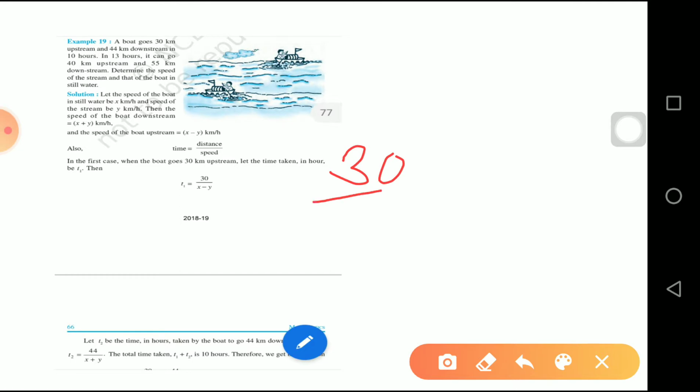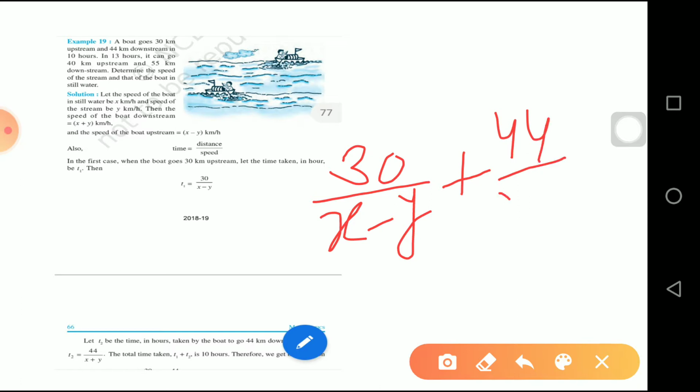If we go against, then time will be 30 divided by x minus y, and 44 km downstream, that is 44, this is distance by speed. In downstream, speed will be more, and total time is given 10 hours. So this will be our first equation.